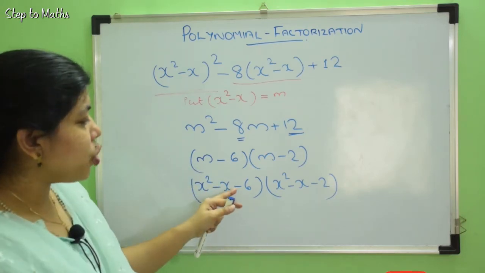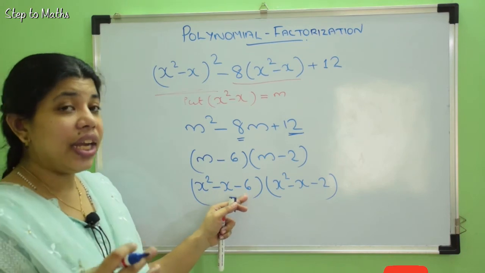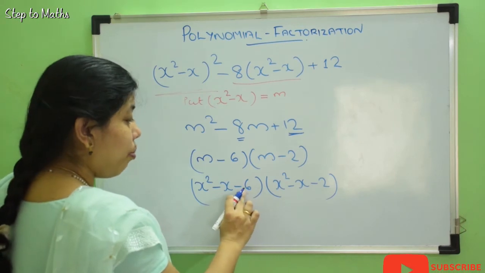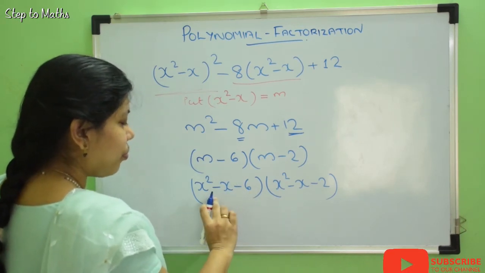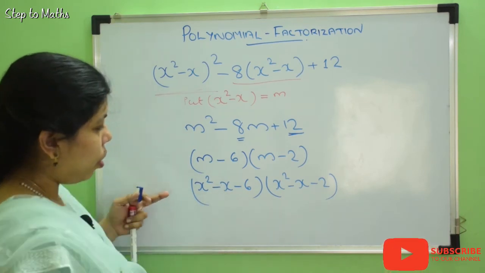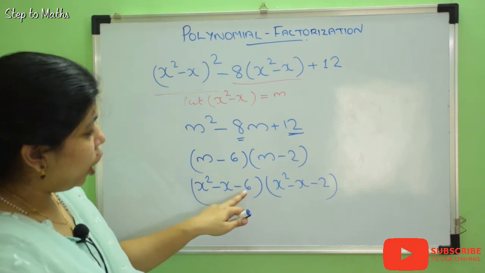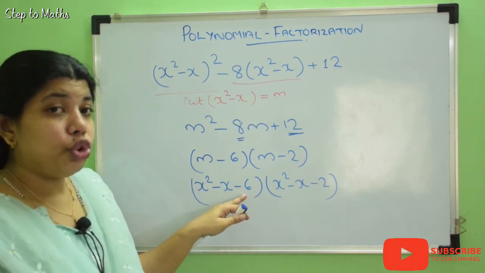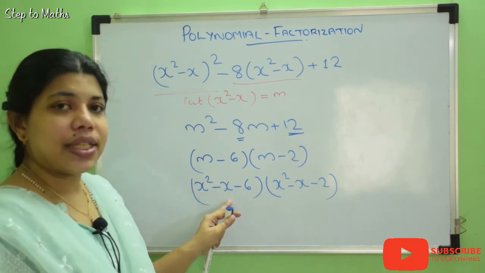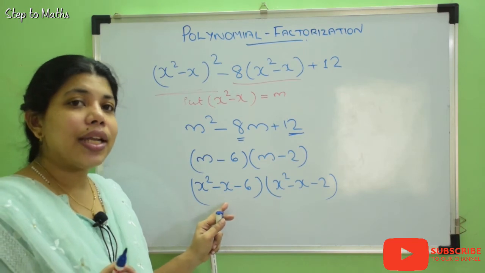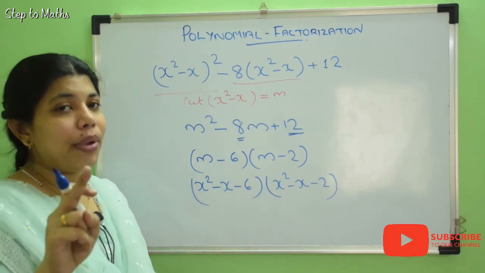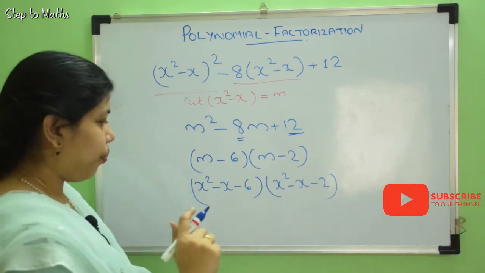x square minus x minus 6. Is there an identity we can apply? That is, the two numbers whose product is minus 6 and sum is minus 1. 3 and 2 have product 6, and the product is minus, which means one of the numbers is negative.